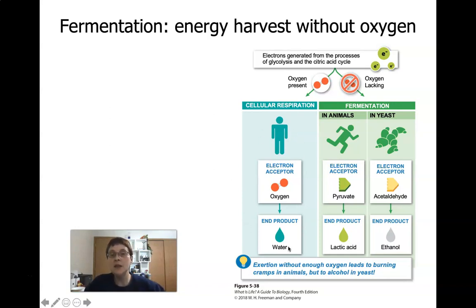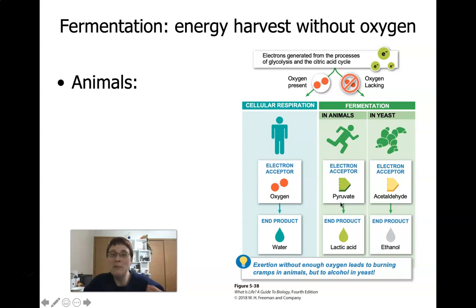But in something like animals, like ourselves, if there's not enough oxygen because the exertion is too high, you're doing sprints, you're doing long-term running without a lot of practice and build-up, then something else is going to happen. The thing that happens in animals is we run out of oxygen, so no oxygen, and instead of using oxygen to pull those electrons, we use pyruvate.